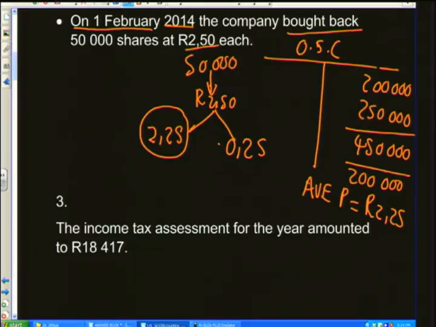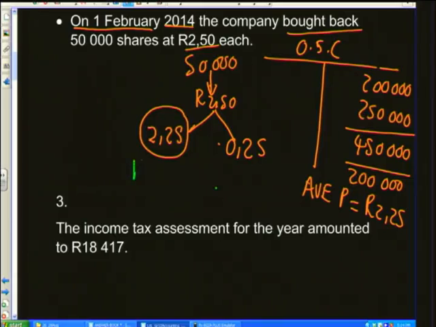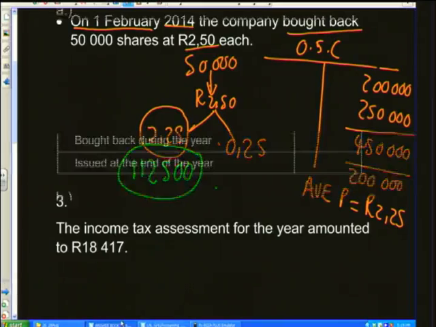My share capital will reduce by 2 Rand 25 times the number of shares that were bought back, which was 50,000, to give us 112,500. So let's fill that in. Let's record this in our answer book.